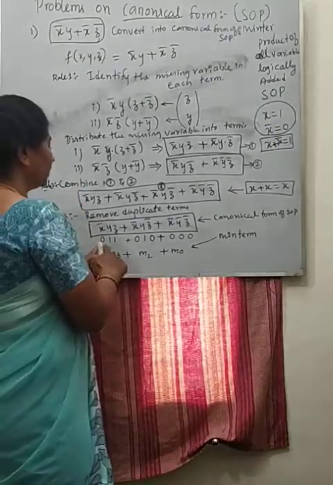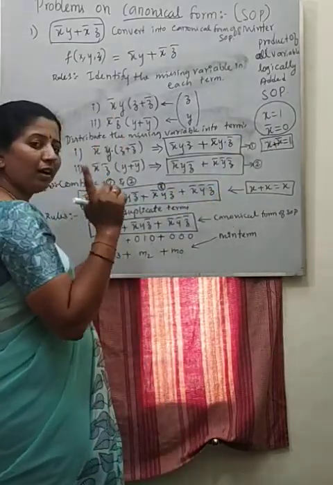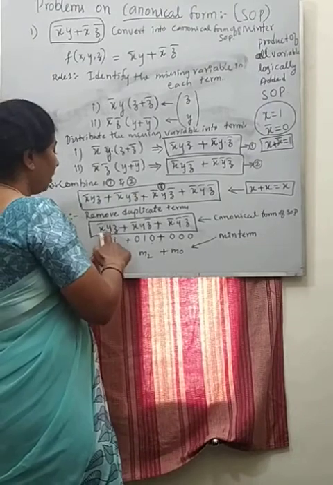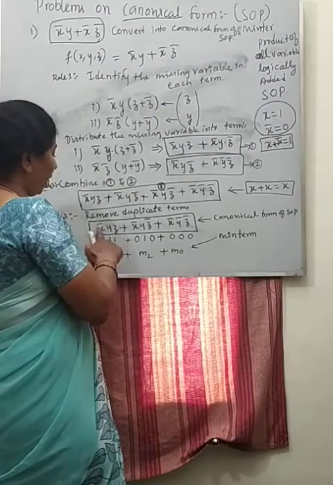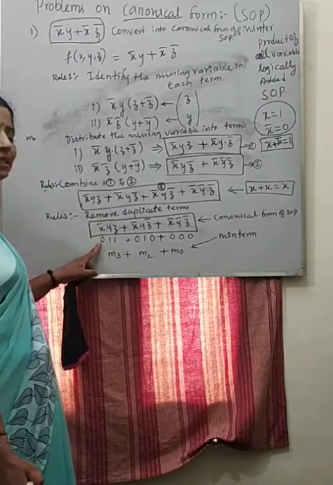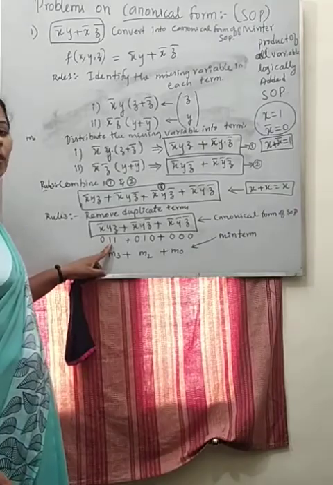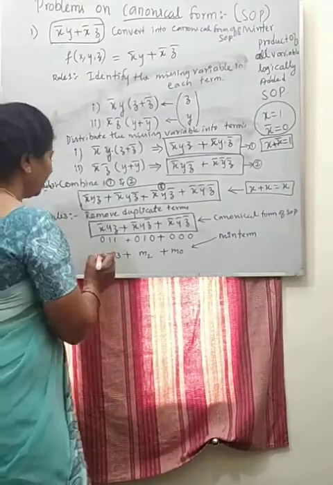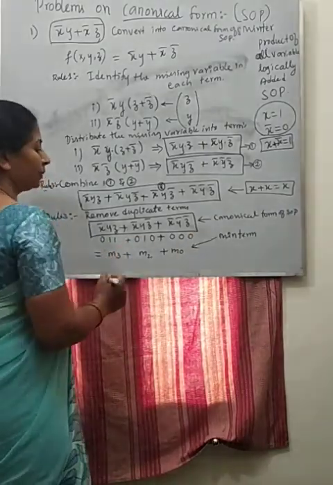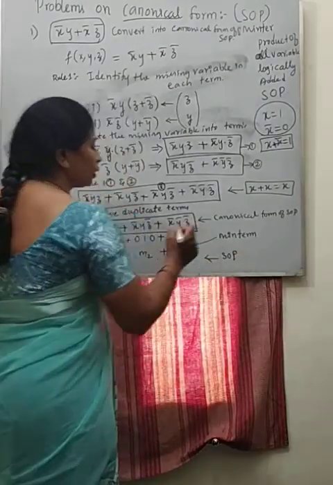How I have written 0, 1, 1 according to x equal to 1. That means if the variable contains the complement, then that is 0. If the variable does not contain the complement, that is 1. Then this is your min term representation. Write this exactly with the SOP.